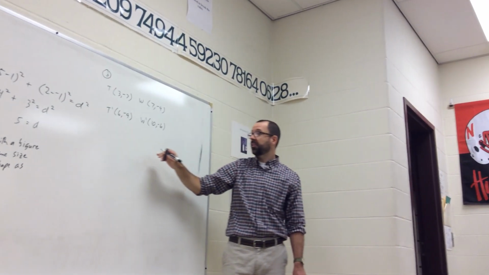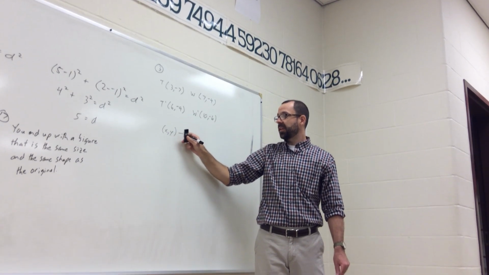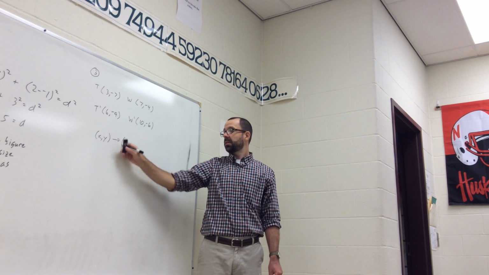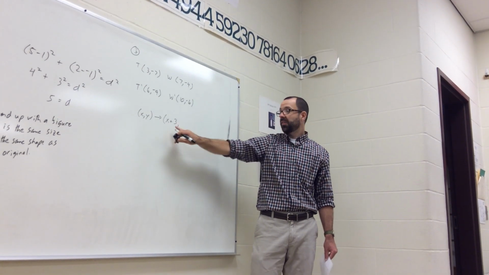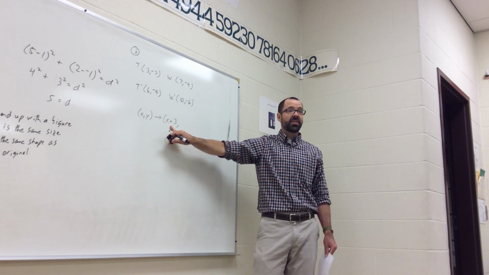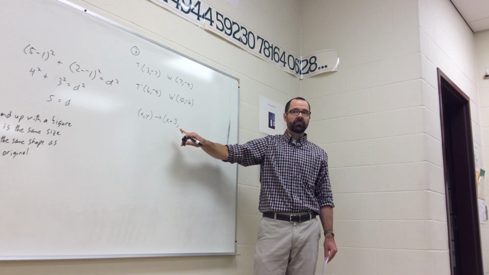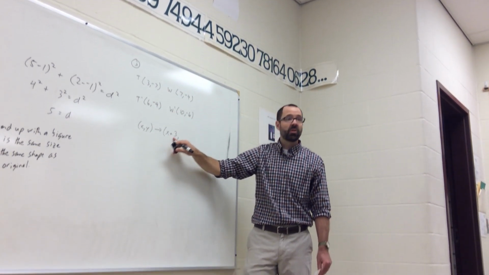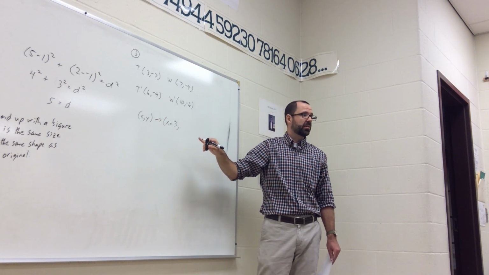Okay, so the way you write that down is you say x comma y, and then an arrow, and then x plus 3, and that x plus 3 means that all the x's got added by 3. So that went from 3 to 6, and that went from 7 to 10. So that's why we wrote x plus 3 here. So this is the rule, or the description of the translation.